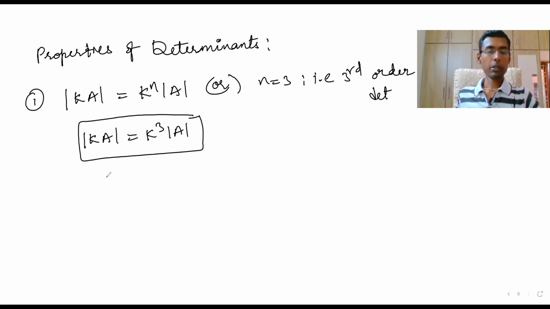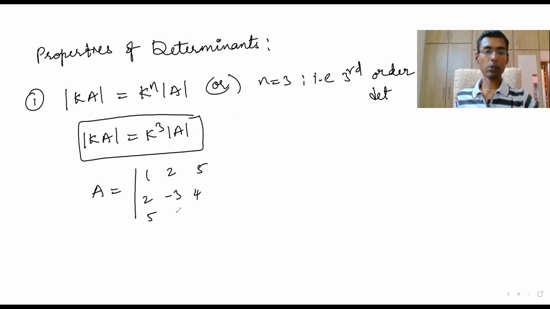Why? Because you see here, let's take A equal to the matrix with rows 1, 2, 5; 2, minus 3, 4; 5, 0, minus 1. This is A. Now what is kA?